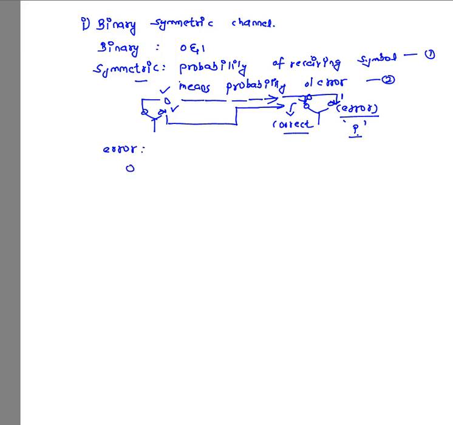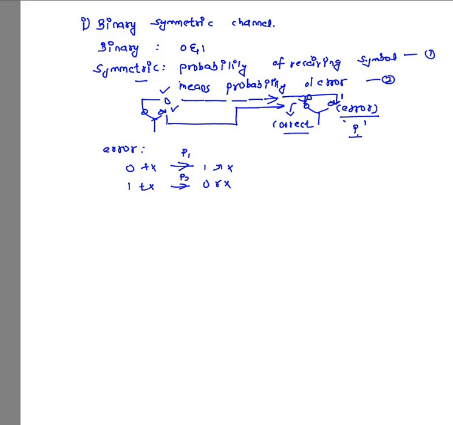One is 0 transmitted and 1 received. The other one is 1 transmitted and 0 received. In both of these cases error has happened, and the probability of occurrence of this error is the same.